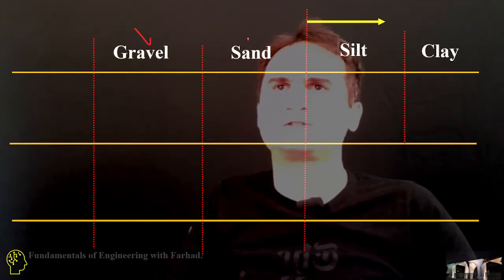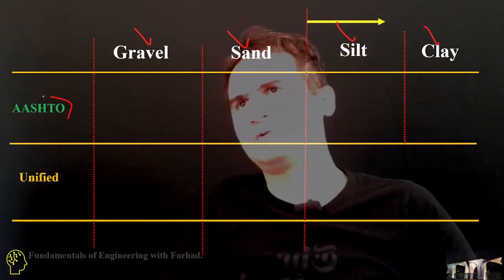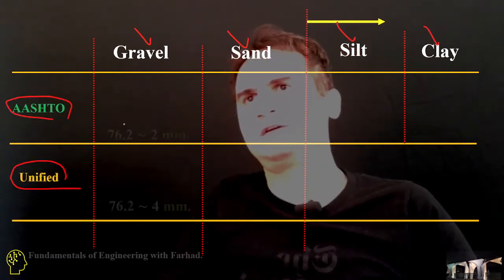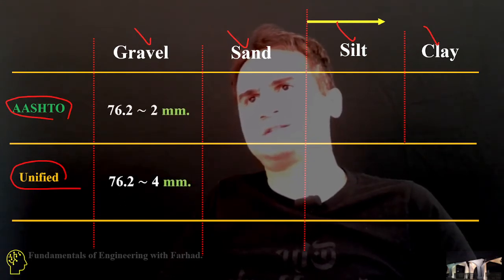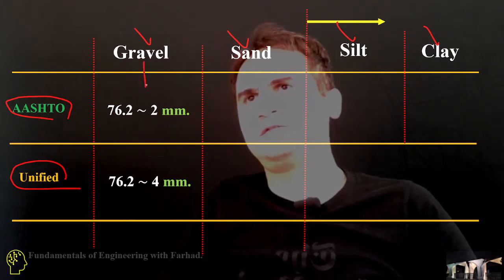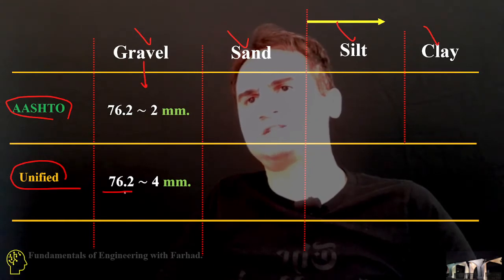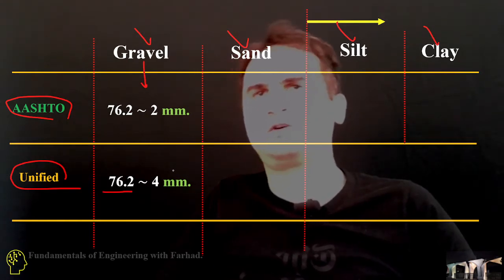If we have gravel, sand, silt, clay, from the biggest to smallest in both systems, the AASHTO system gravel is from 76.2 millimeters to 2 millimeters. Likewise in Unified, it's 76.2 millimeters for gravel.